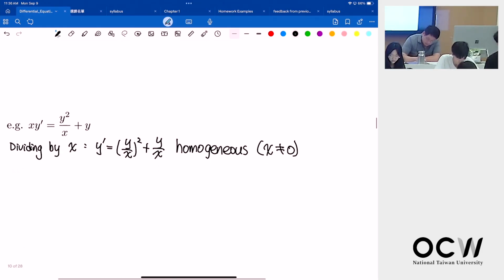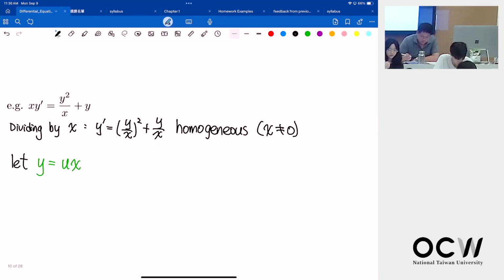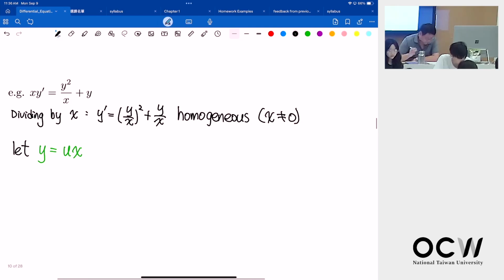Then our answer is y equals ux, not mu, so it's u. So my solution is y equals ux, and we need to find u. So u prime x plus u will equal u squared plus u.